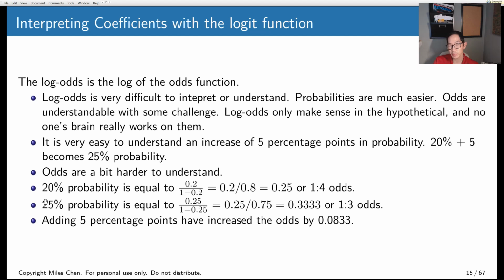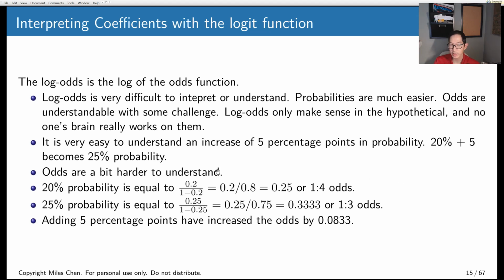To convert a 25% probability of success to odds, you would say 25% divided by 75% probability of failure. 0.25 divided by 0.75 is basically 1 to 3 odds, or 0.33. So the change in odds goes from 0.25 to 0.33, a change of 0.0833.